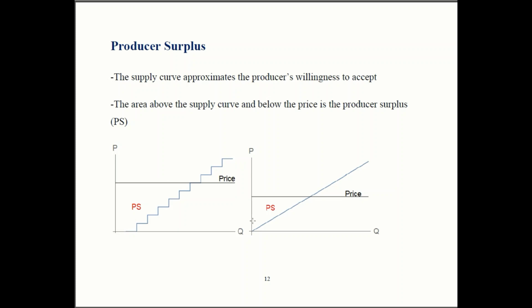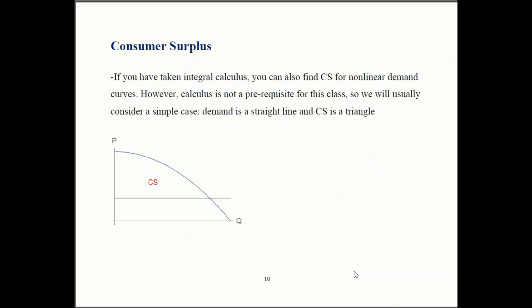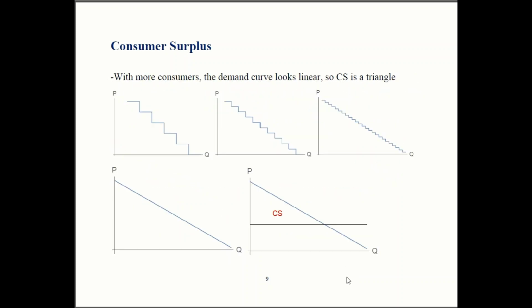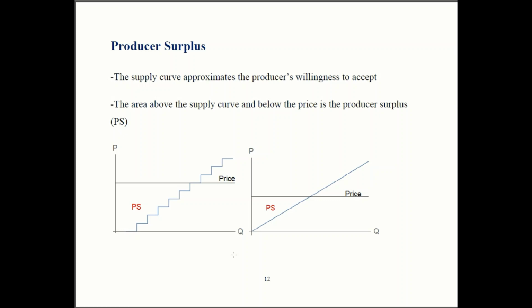As you add more and more suppliers and more goods, that staircase starts to look like a straight line. I'll just remind you of what that earlier slide looked like in the previous chapter. So that was back over here. So you gradually start looking more and more like a straight line. Same thing's true for supply.